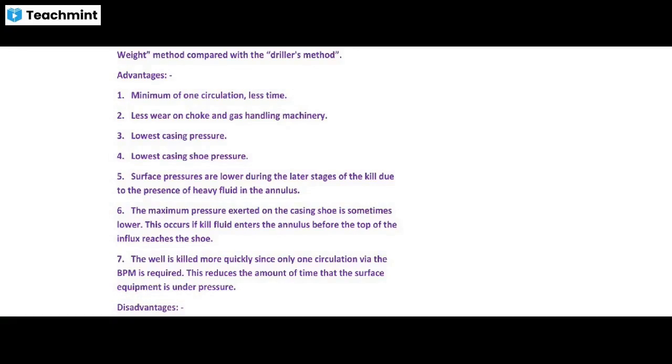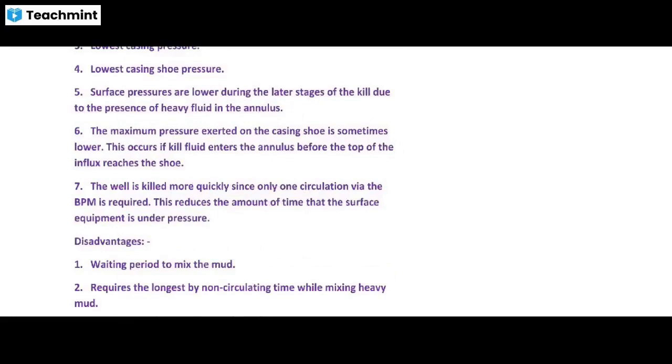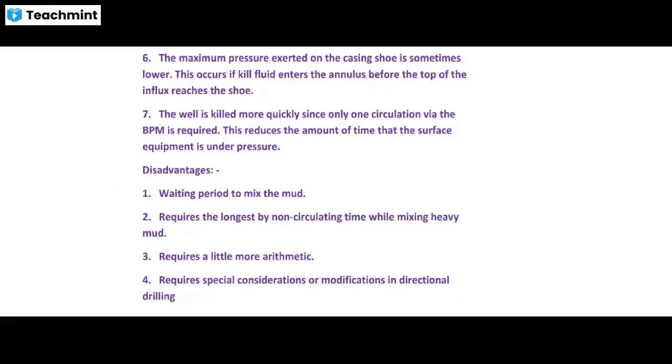And point number 7, the well is killed more quickly, since only one circulation via the BPM is required. Therefore, this reduces the amount of time that the surface equipment is under pressure. So these are the 7 points of the advantages.